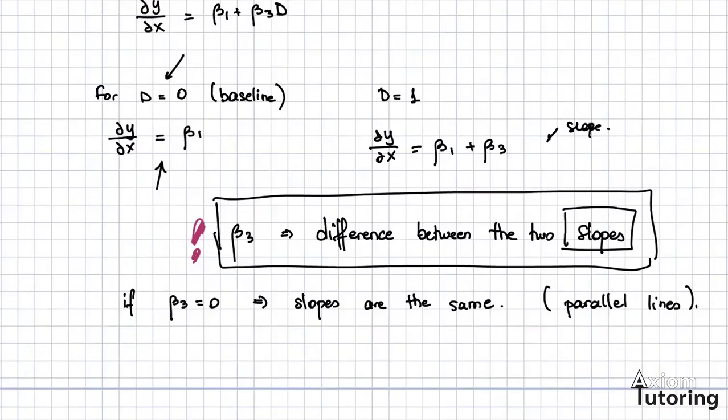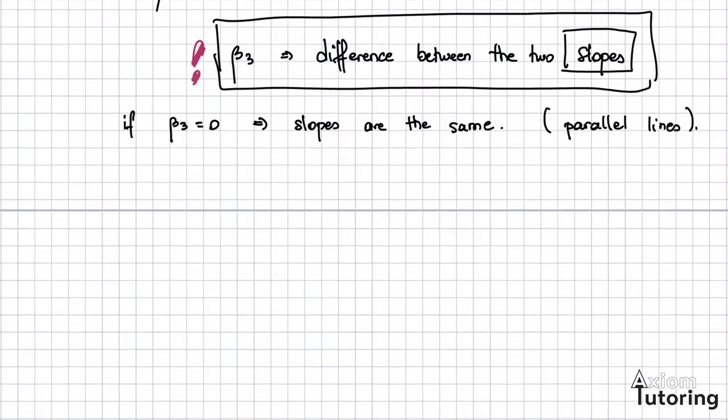Now, what if we flipped the question around? What if we wanted the effect of this dummy? Okay, which would mean, well, let's take the derivative of y with respect to d.